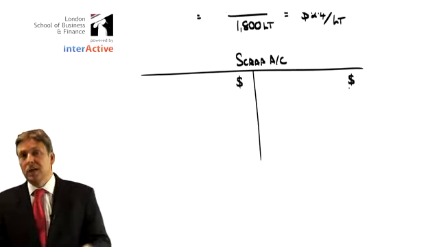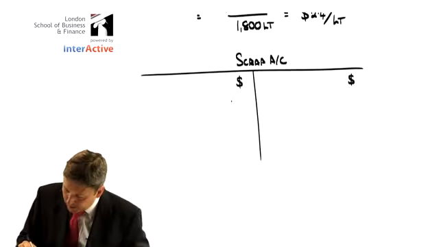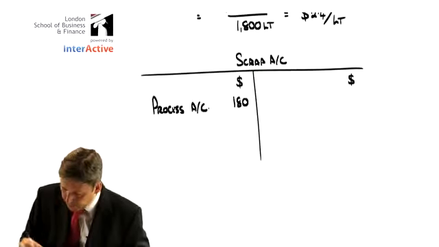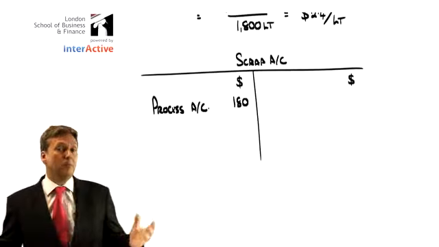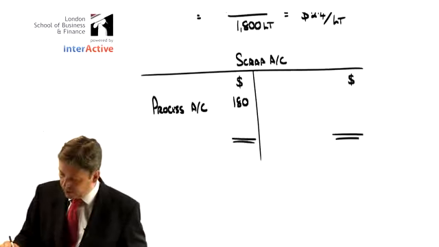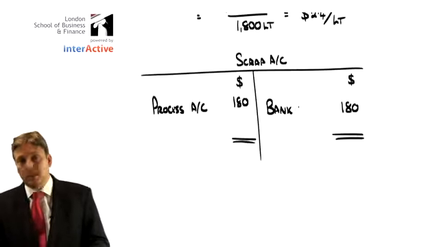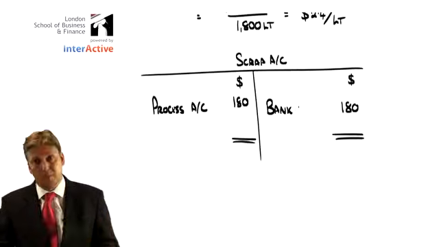What we've managed to do is credit the process account. Therefore, we would debit the scrap account to $180 from the process account. What's going to happen to this? Well, the fact is that we're going to dump off this scrap. We're going to sell it to somebody. Please note the sort of people that you sell scrap to, I wouldn't necessarily accept a cheque. I want cash. So let's put it through bank.